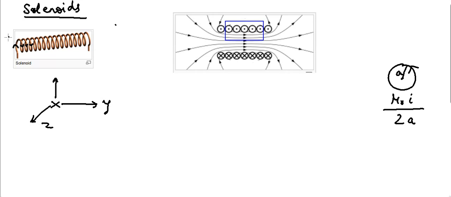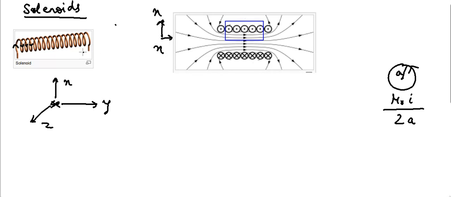So if I just take a section of this solenoid across the xy plane, I cut it along the xy plane, I will get something like this. This is the x direction and this is the y direction.